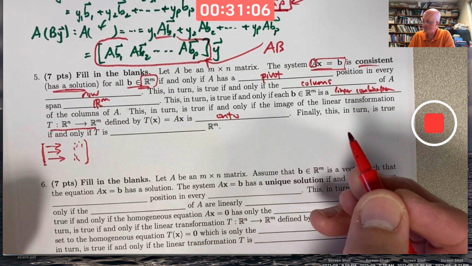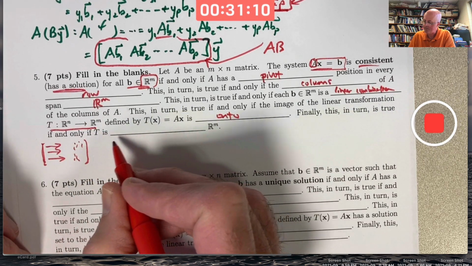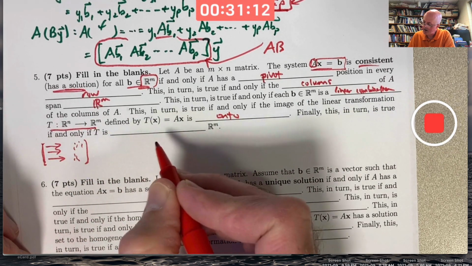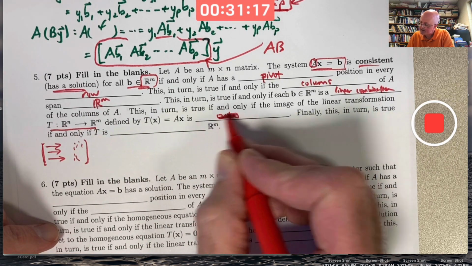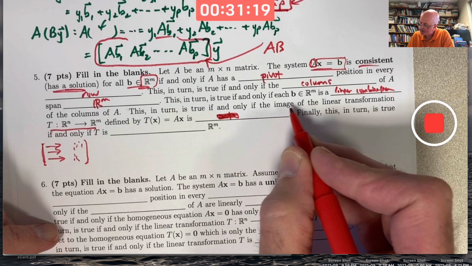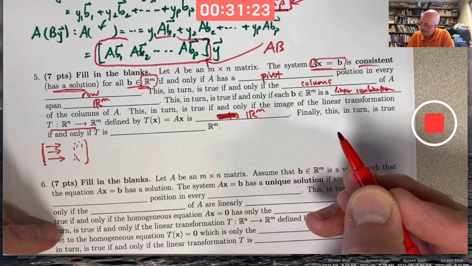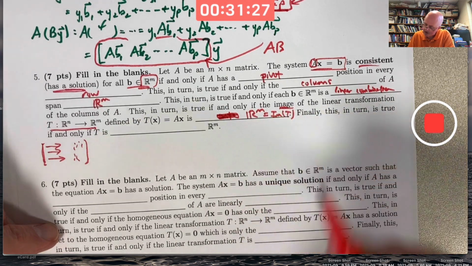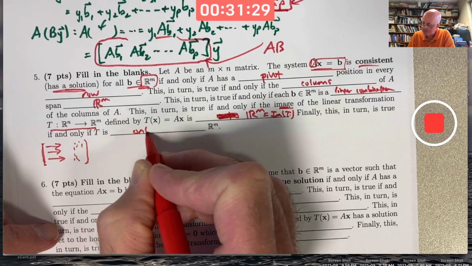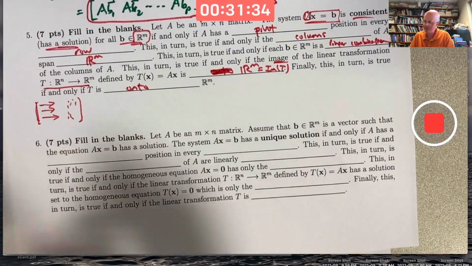It's an onto function. Finally, this is true if and only if T is, oh wait a minute, okay. I got these mixed around. True if and only if the image of the linear transformation is all of Rm. Yeah, the image. Which is true if and only if T is onto Rm. Okay? It's an onto function.